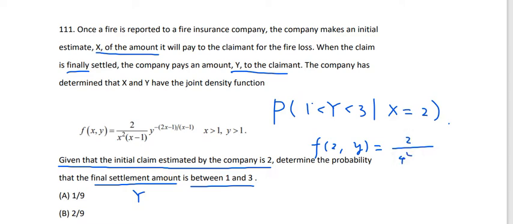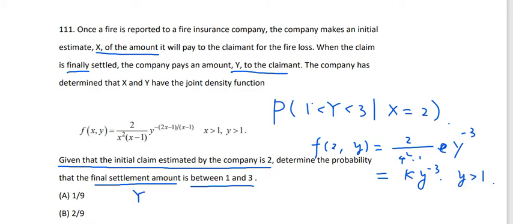Oh, I'm sorry, it's not y; it is negative 2x minus 1, so with x equal to 2, this is just y to the negative 3, with some coefficient k, and y is larger than 1.